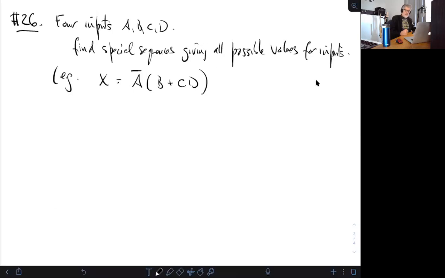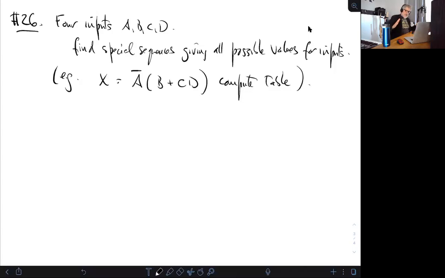If I had to compute the output of this gate, I need to get all possible different inputs, right? So to compute the table, I need all the possible inputs for A, B, C, and D, and we discussed special sequences, which is one way of listing all possibilities.